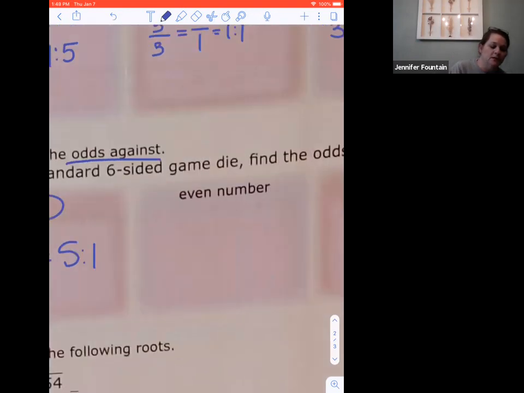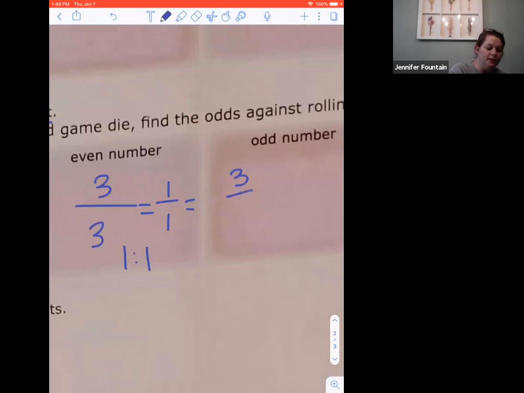My next one, odds against getting an even number. So think about if there were 3 even numbers, then that means I have 3 chances of not getting an even number. So again, I'm still at 3 to 3 here, which reduces to 1-to-1. So again, that whole even and odd, if they're half and half, you still have a 1-to-1 chance.